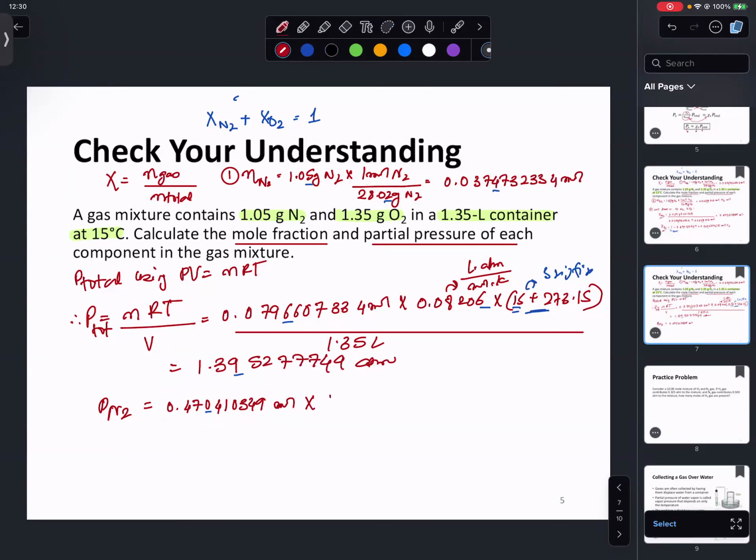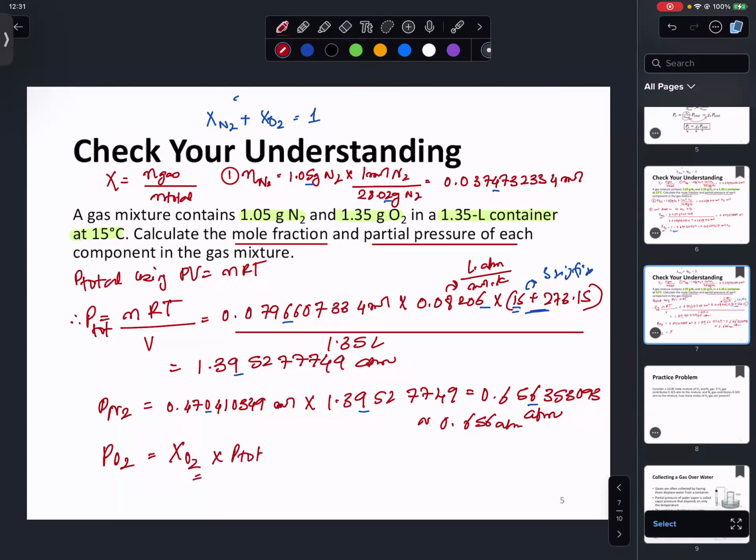It times the 1.39527749, and this gives me 0.656353093 atmospheres. It's 3 sig figs, so it's going to be 0.656 atmospheres.